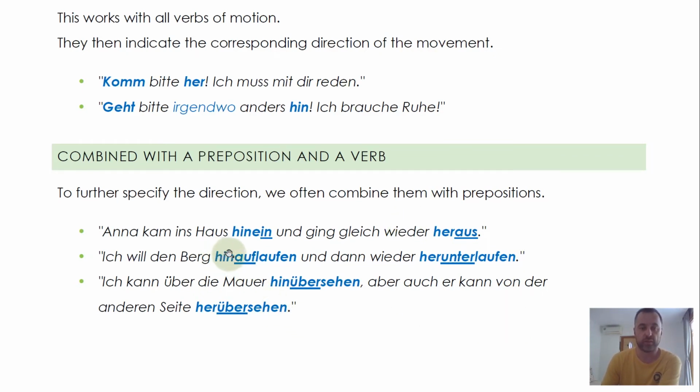So here we have hin plus auf gives us a direction already, and then we are talking about going somewhere from the location. I am the subject here, ich. So the movement is from wherever I'm right now towards the mountain peak.